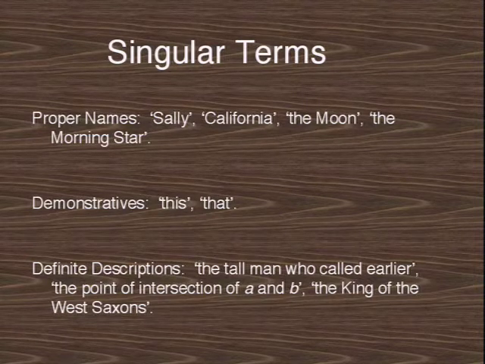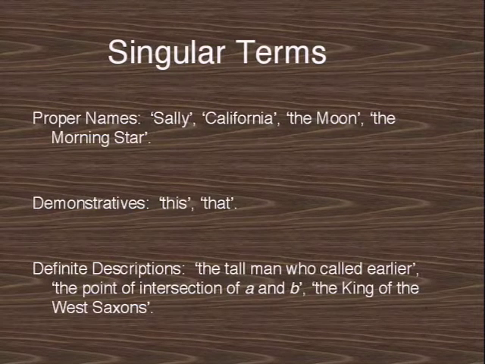There is something a little bit strange about these definite descriptions, though, because if you look very closely, they have general terms in them, like tall, man, calls, intersection, point. And these are general terms. X is tall, X is a point, X is a king. These are all general terms, right? These ascribe properties to things.